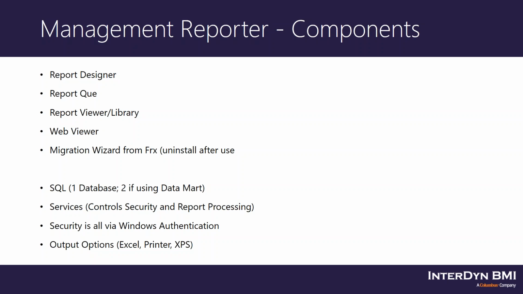You can print your reports, or you can send them to an XPS printer. In addition, if you have a PDF printer installed and choose to use PDF instead of XPS, you do have that ability as well. I don't want anybody confused thinking you can only use XPS, but if you do have a PDF printer installed, you can export to a PDF file as well.